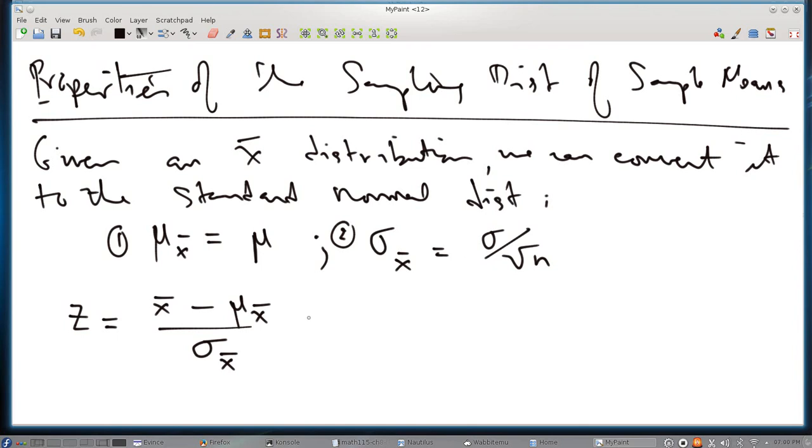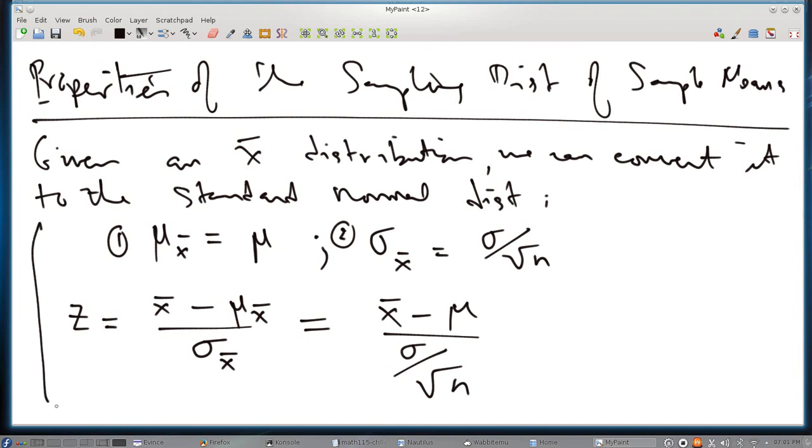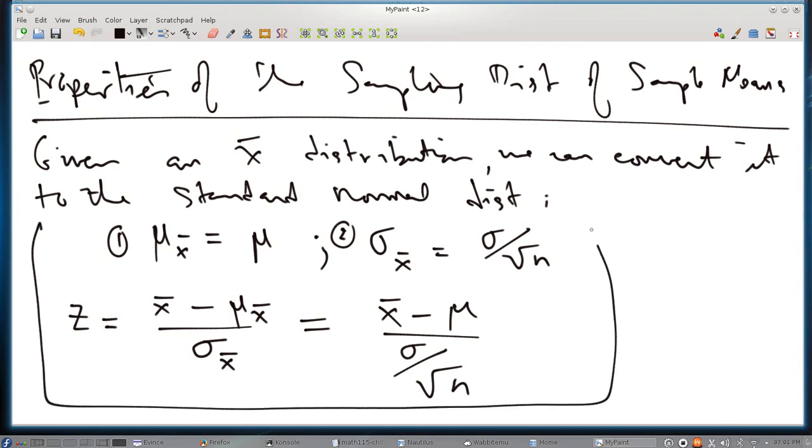We can re-express this equation like this. So now you have these three equations. Very important equations in this chapter, at least for section 8.1.